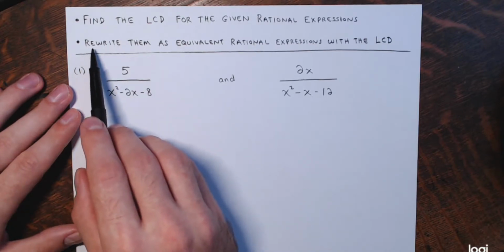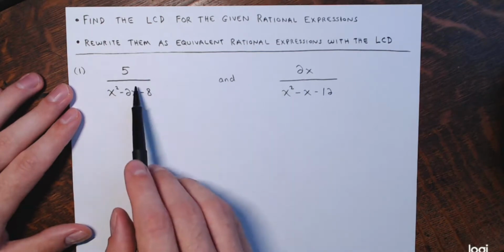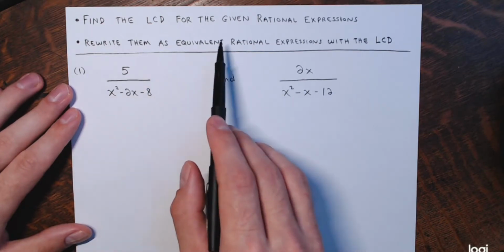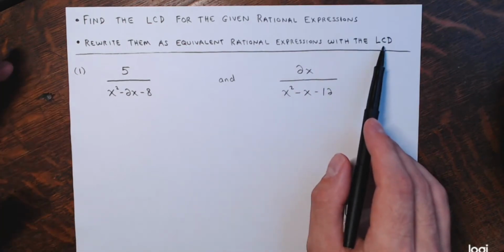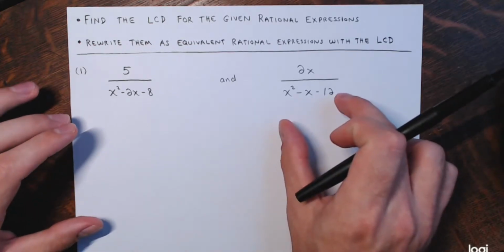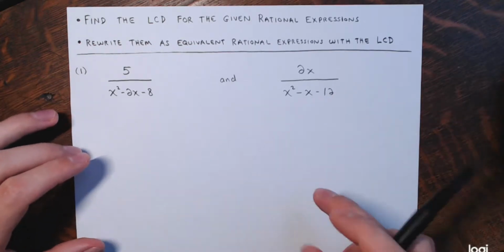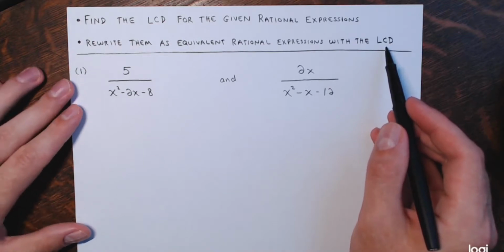Then I'm going to rewrite each fraction as an equivalent fraction so that each fraction has the denominator of the LCD. They both have the same denominator.